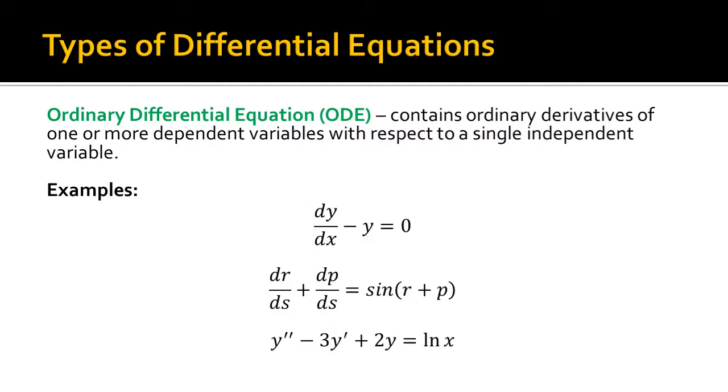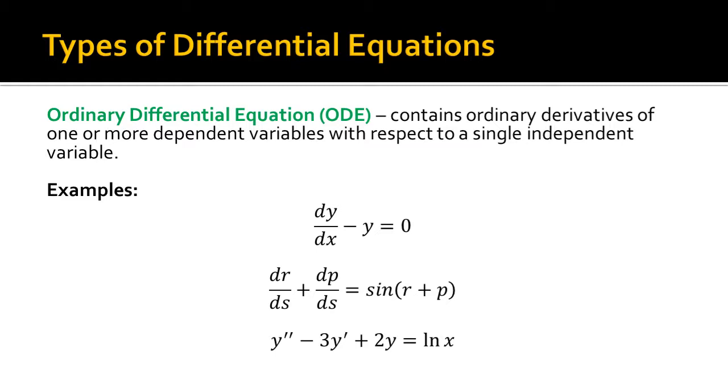Types of differential equations. There are 2 types of differential equations. The first is known as the ordinary differential equations or ODE, and the second is the partial differential equation or PDE.